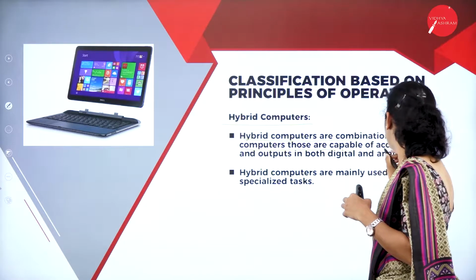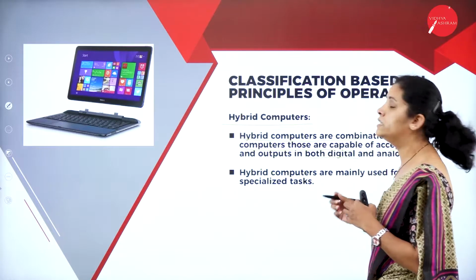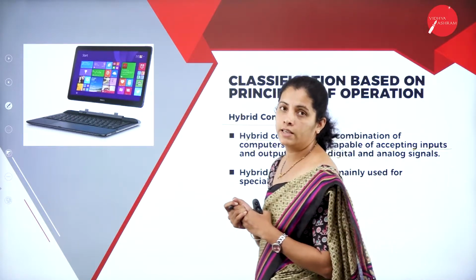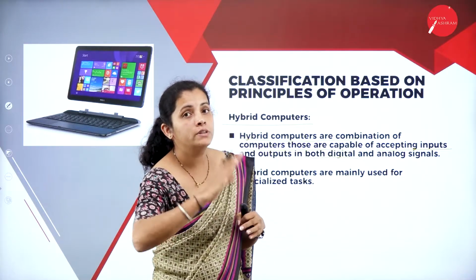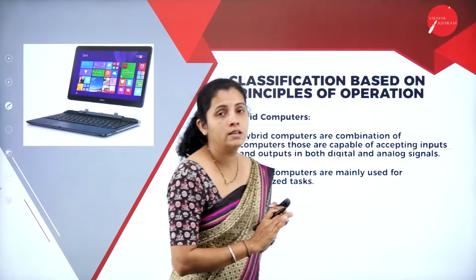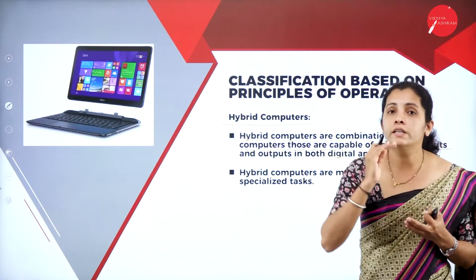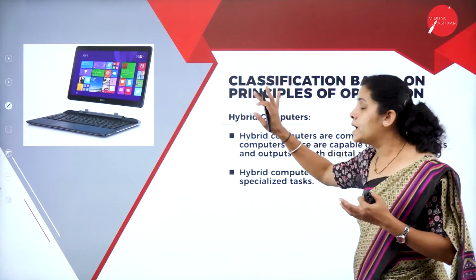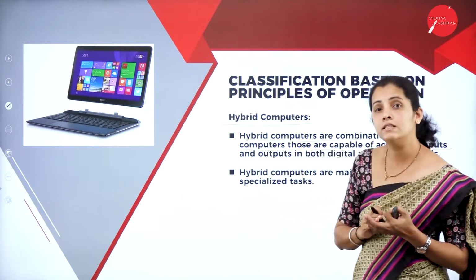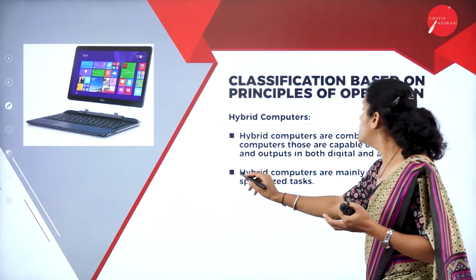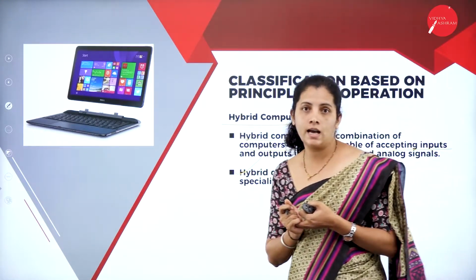Those are capable of accepting inputs and outputs in both digital and analog signals. That means whatever input they receive is in the form of analog signal, and whatever output they produce is in the form of digital. So hybrid computers are mainly designed and used for specialized tasks.